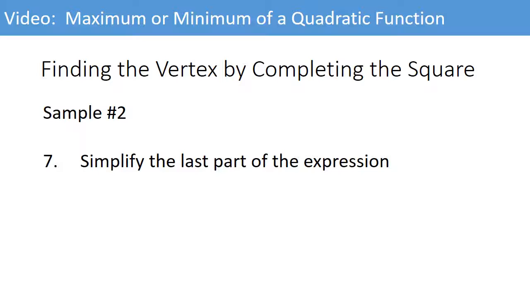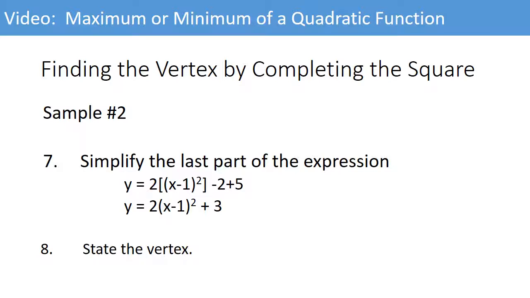Simplify the last part of the expression. Negative 2 plus 5 will become y equals 2(x minus 1) squared plus 3. So our vertex will be 1, 3.